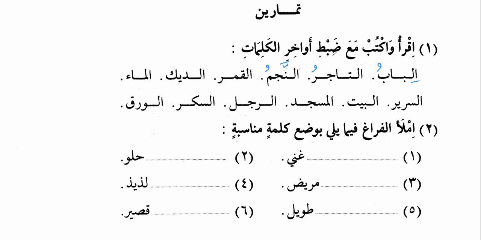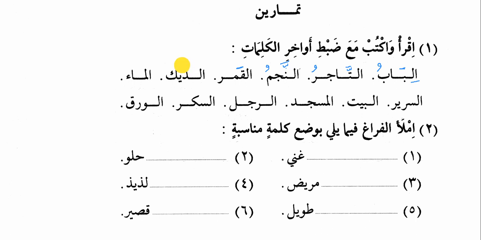Al-babu, the ba here has only a fatha, no shadda. At-tajiru, the ta has a shadda and fatha. An-najmu, shadda and fatha. Al-qamaru, the qaf does not have a shadda. Can you see the difference? Why are they coming like this? Inshallah, we will learn in the next page.